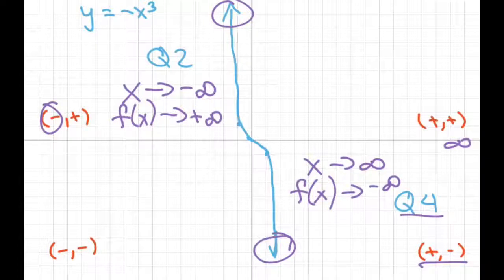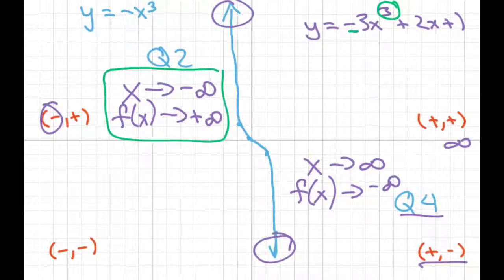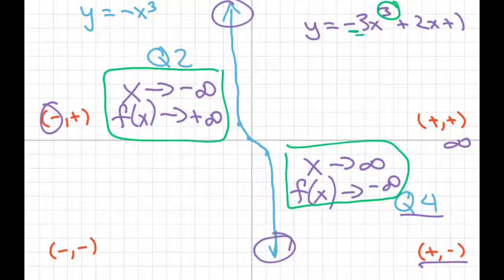Now this would apply for all numbers, so if you had something like y equals negative 3x cubed plus 2x plus 1, then again all you're looking at is this cube, and in this case it's negative, so you would use the same end behavior that we have here. And these are called the power functions.